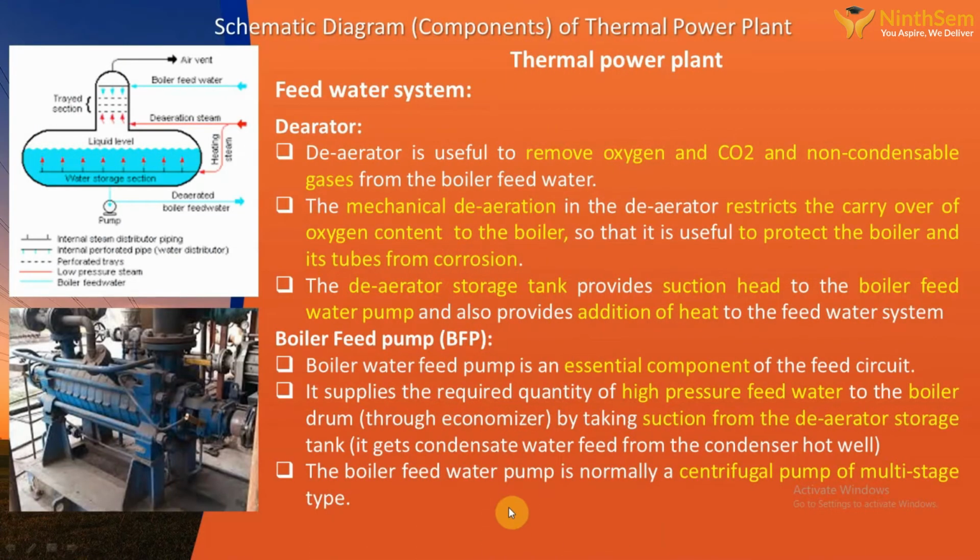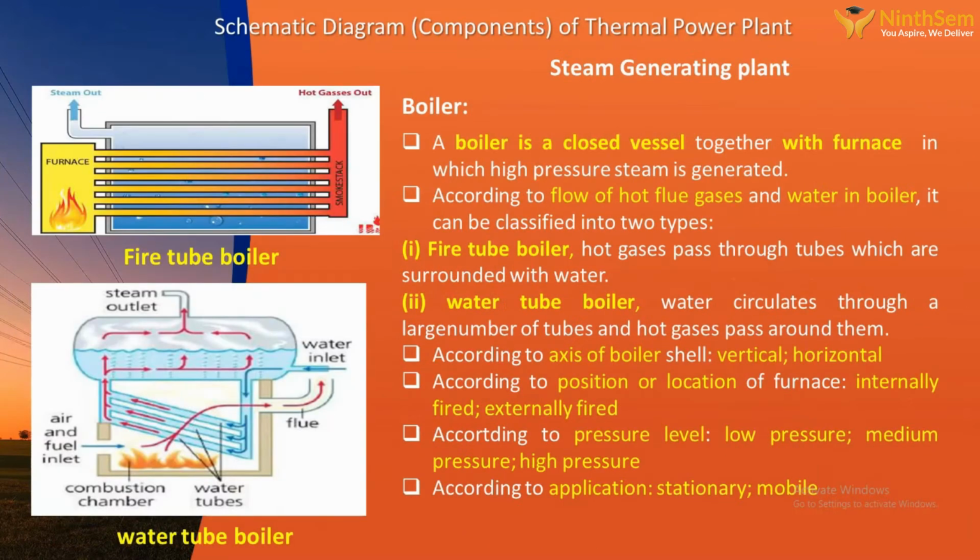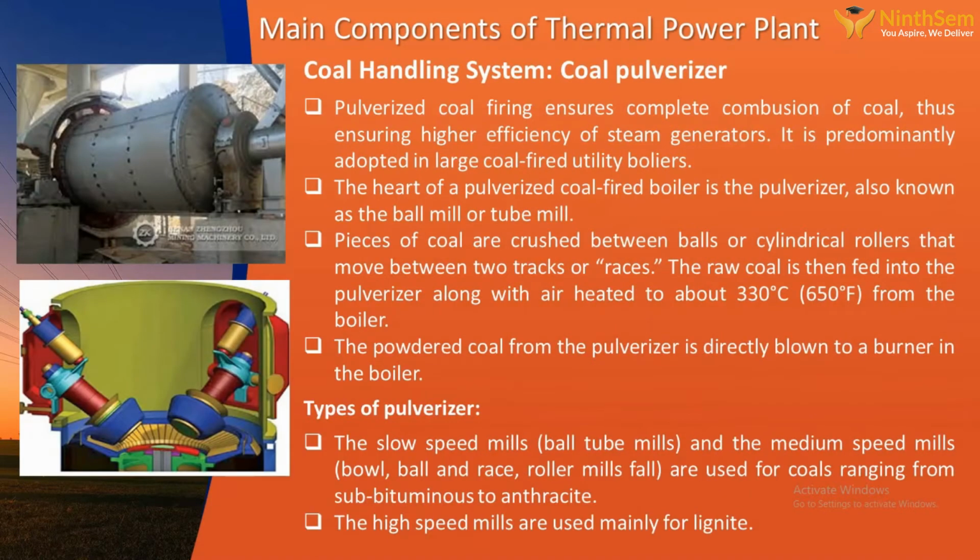Hello to everyone. In the last session, we discussed some of the main equipment in the thermal power plant. That is, in the coal handling system, we discussed what a pulverizer is, what the main function of the pulverizers is, and what different types of pulverizers are available.